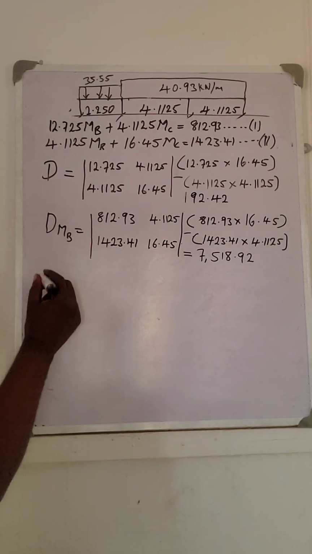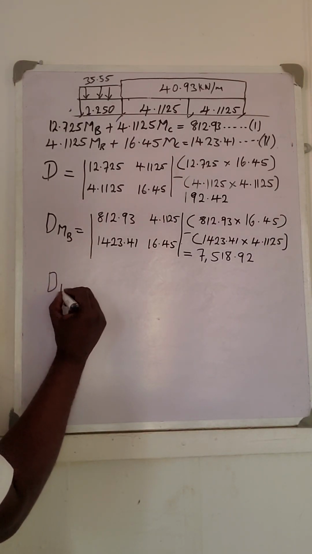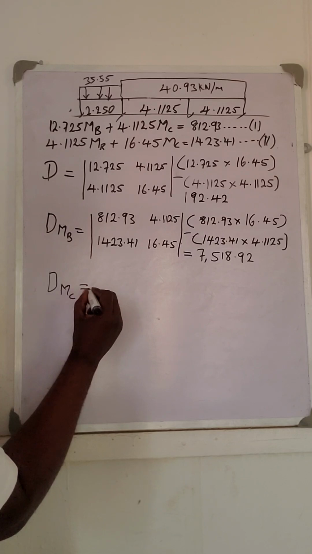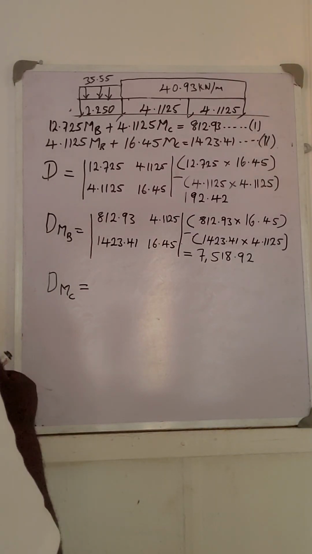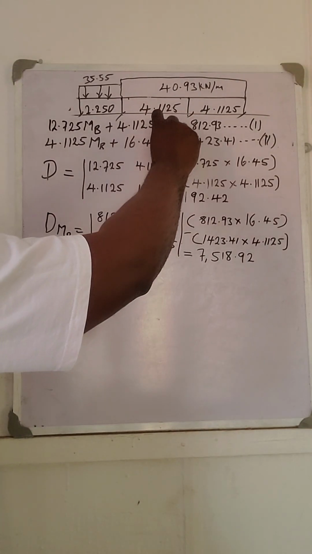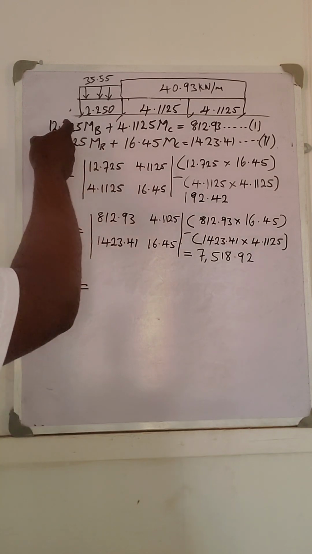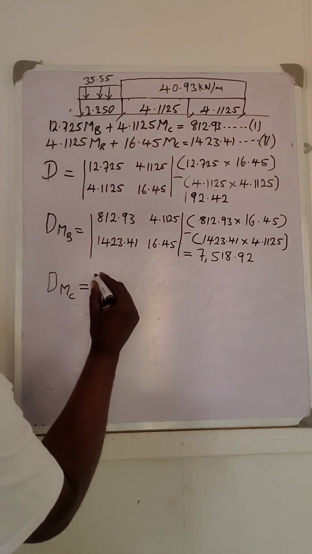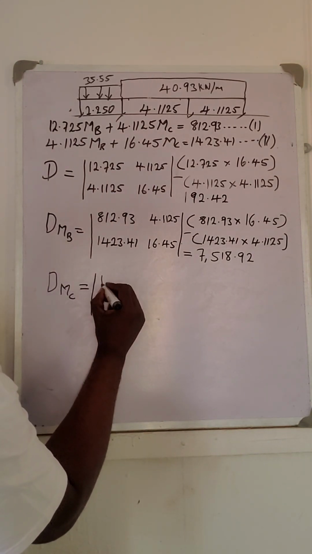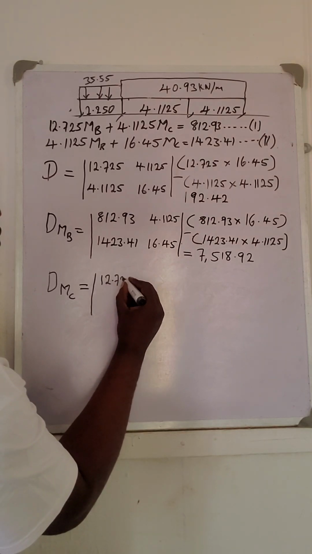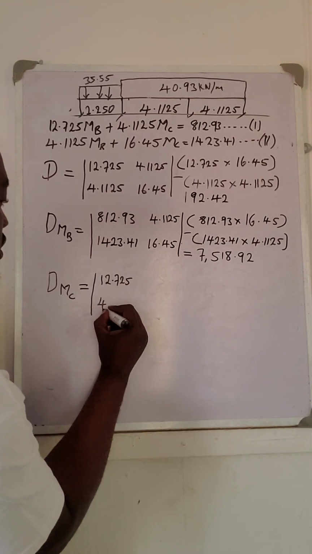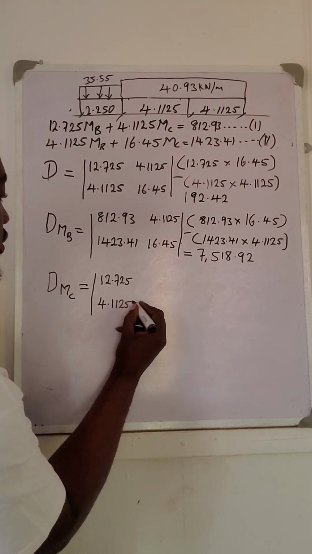So we're also going to solve for dMC. dMC is equal to... now we are solving for dMC. The coefficient of MB, you write them down: 12.725, then 4.1125.